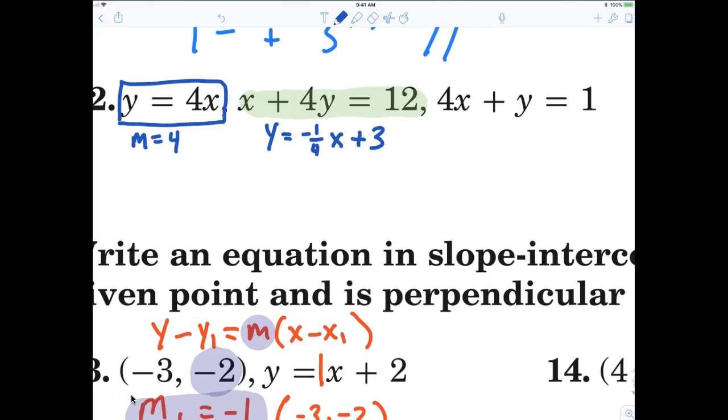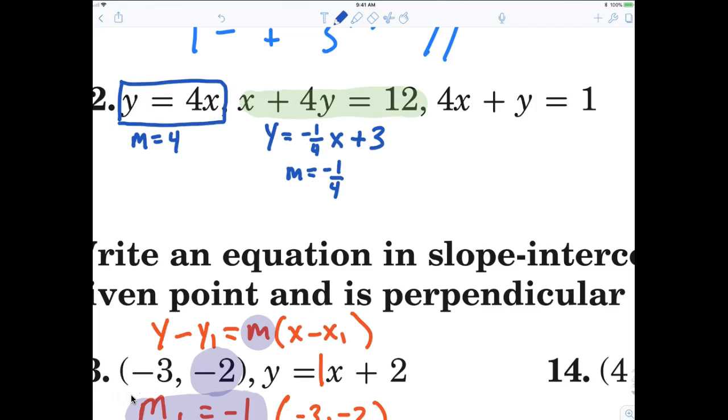All right? You're moving the x and it becomes what? Negative x. You're supposed to be able to hold that in your head. And then you divide both sides by what? 4. Negative 1 divided by 4 is the fraction, negative 1/4. And 12 divided by 4 is what? 3. All right? So now it's safe to say the slope of this line is what?